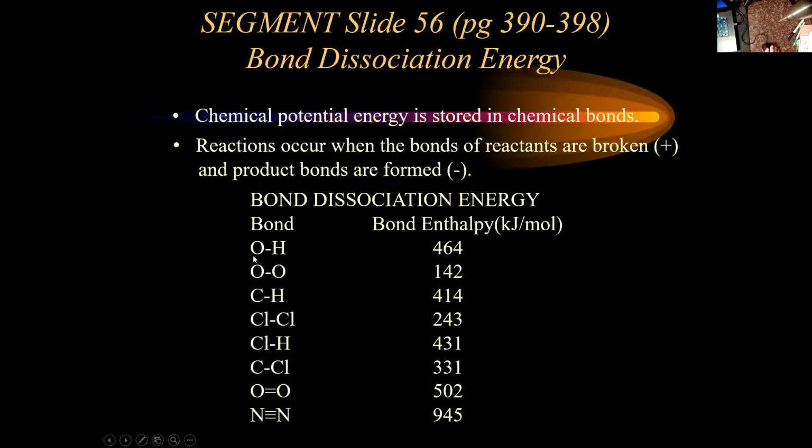So here are some typical bonds. Now, just to be informative about how we get this information, way back earlier we talked about a device called a mass spectrometer. And the mass spectrometer measures the mass of ion fragments that are created when we squirt that sample into an ionization chamber.